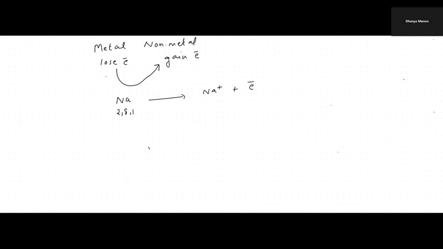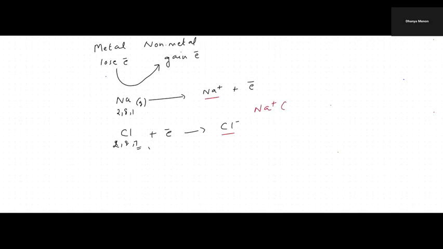Similarly, chlorine, 2, 8, 7. It is short of one electron. It will gain that one electron to give chloride ion. And there is attraction between the sodium ion and the chloride ion to give you Na plus Cl minus.